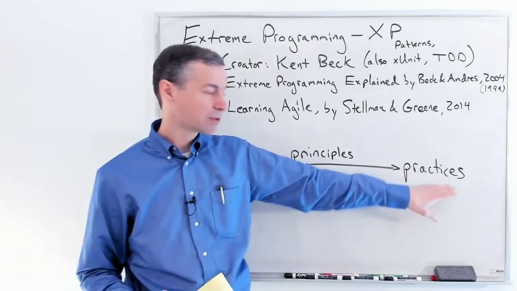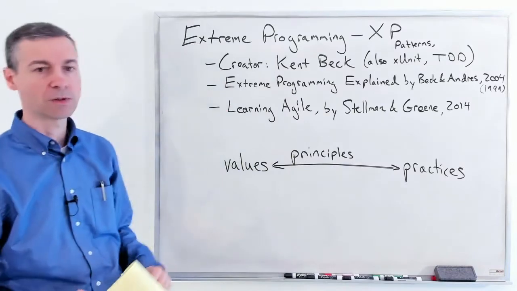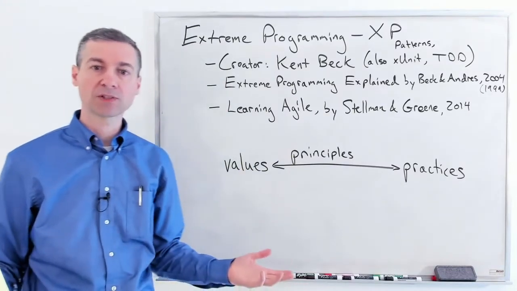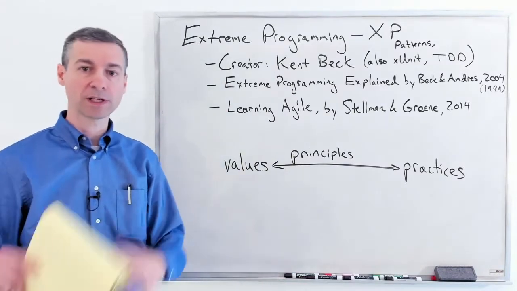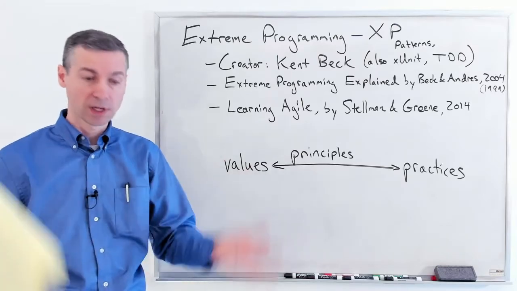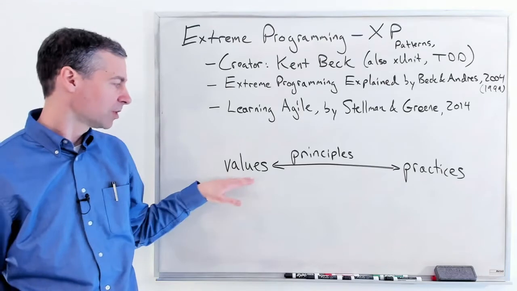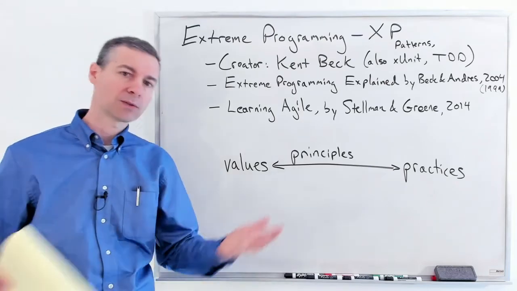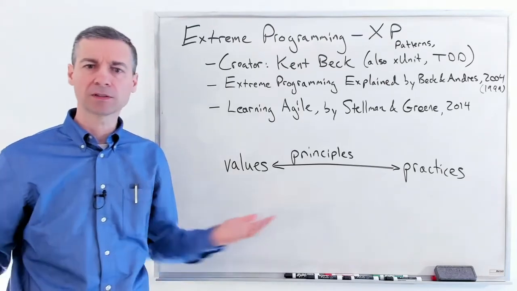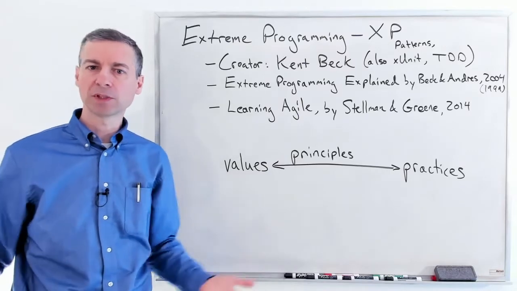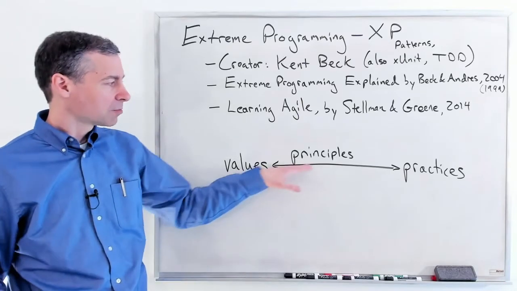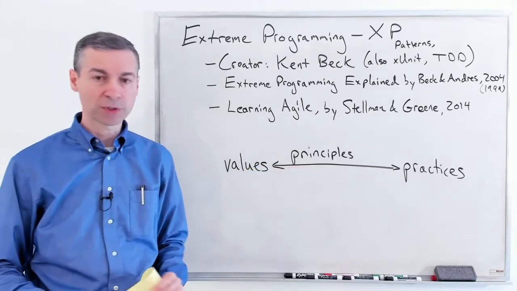You'll have concrete practices. And so this might be like test-first development. We're going to write our tests first, and that's a practice. And we can spell it out and you can do it. Whereas a value is sort of a high-level thing. It's like, well, I just have to believe this and follow this. Tying the two together, he talks about principles.